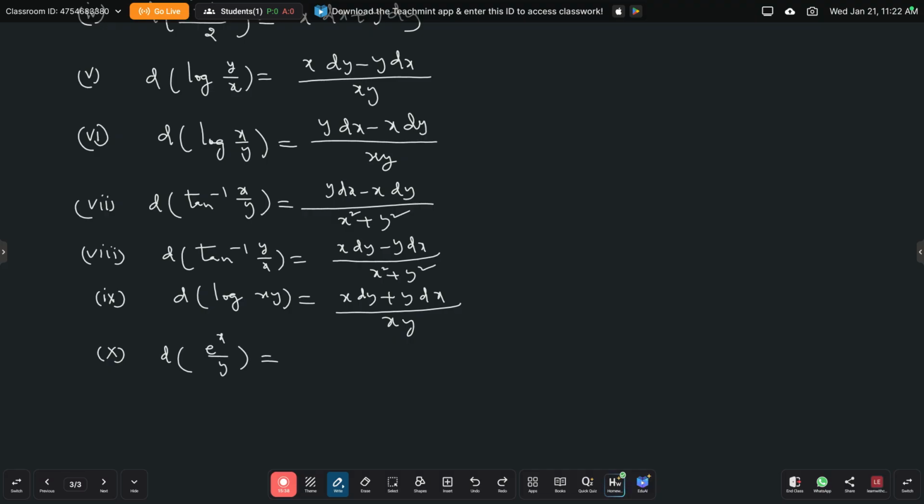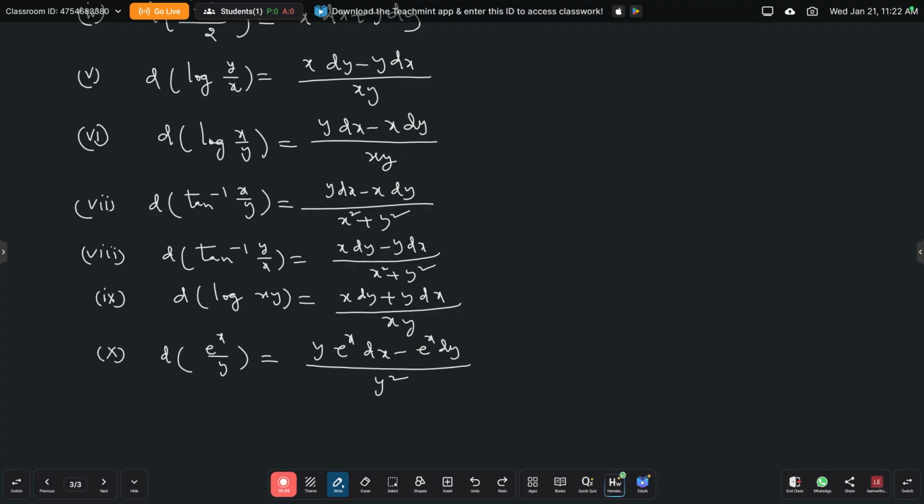Any particular case that arises here, which is y into e power x derivative is e power x dx, then y derivative with respect to y is 1, so e power x dy, then by y square as usual. So on the right hand side, please observe the RHS quantities of all this. In your differential equation, if you observe any terms like this, they can be straight away converted to the exact differential forms. Like that the list is exhaustive.